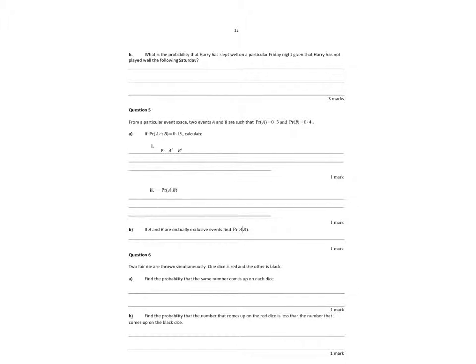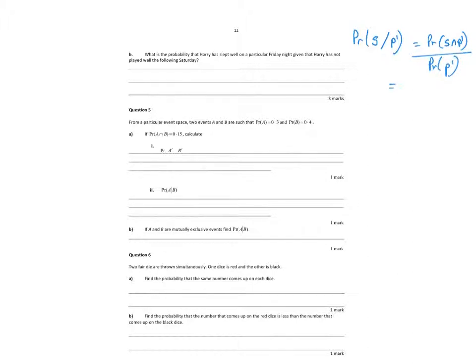B, what is the probability that Harry has slept well on a particular Friday night, given that Harry has not played well? So it's the probability of sleep well given not play well, or play bad, which is the probability of sleep well and play bad over the probability of play bad.